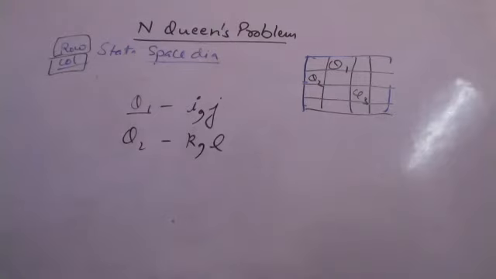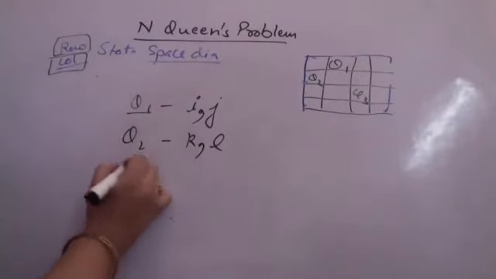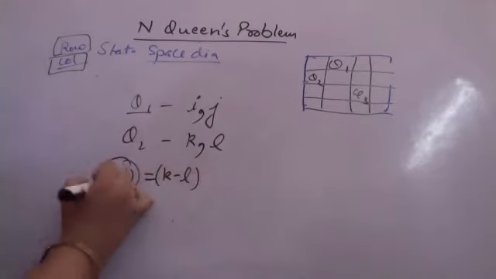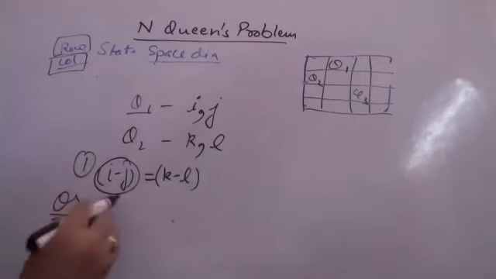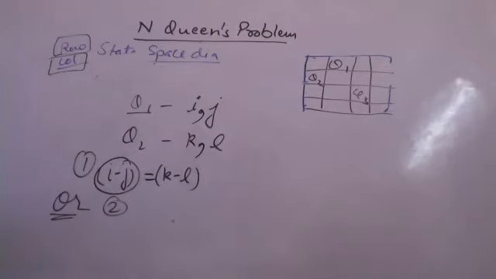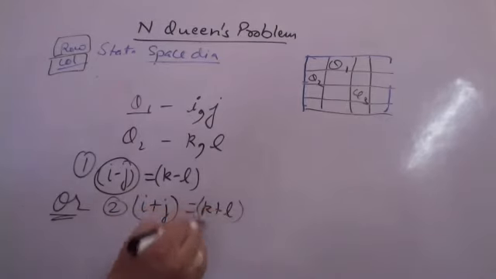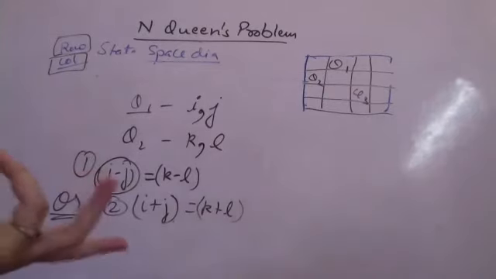Now they are on the same diagonal if I minus J is equal to K minus L, or I plus J is equal to K plus L. Only then they are found to be on the same diagonal. This is mathematics, nothing else.